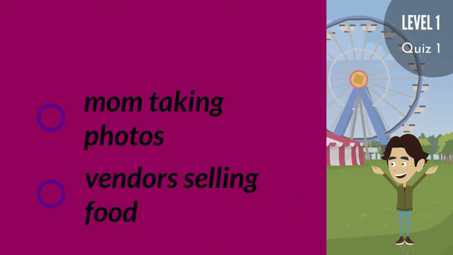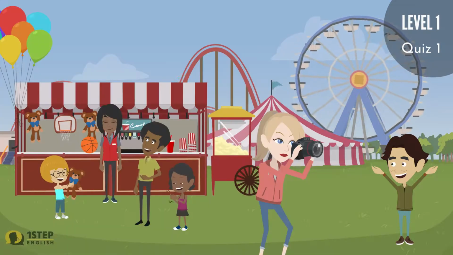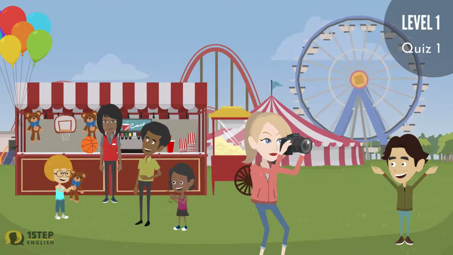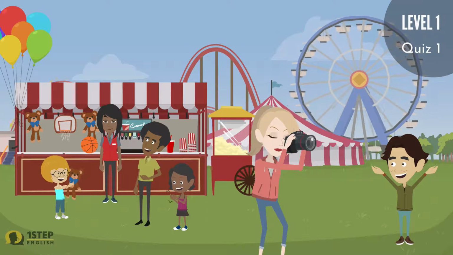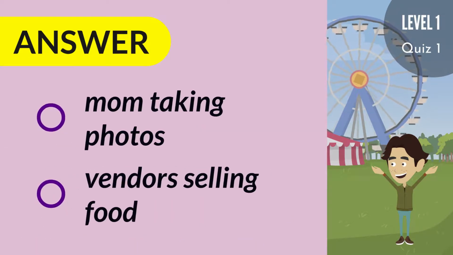Number 7. Mom taking photos. Or, vendors selling food. The correct answer is, mom taking photos.